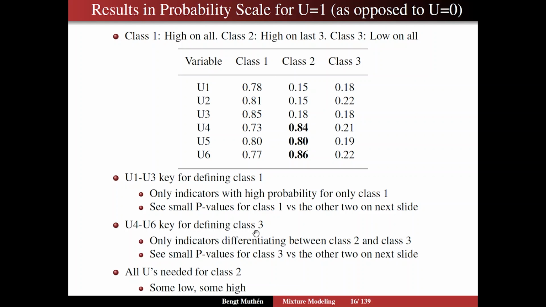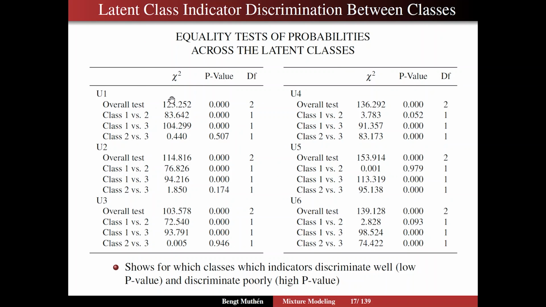So those are 2 slides that can benefit from thinking through how this works out. Classes that indicators discriminate well between have low p-values, and classes they discriminate poorly between give high p-values.